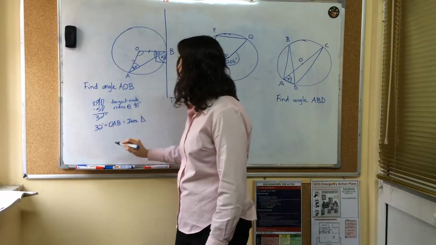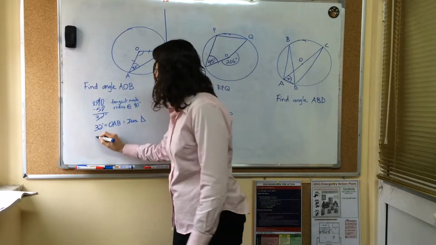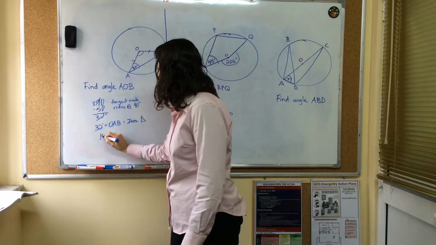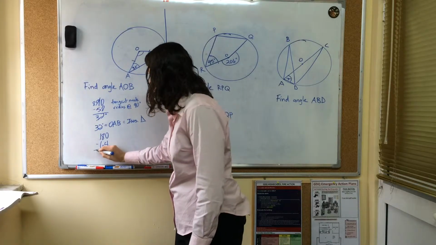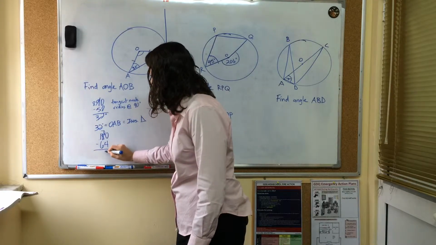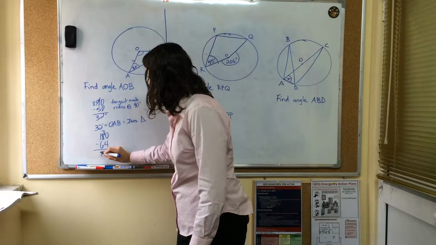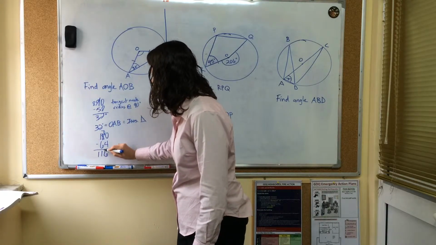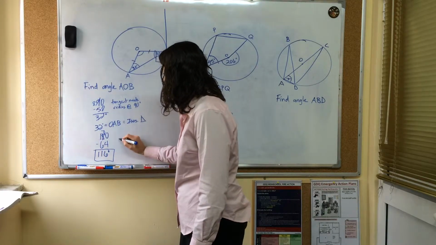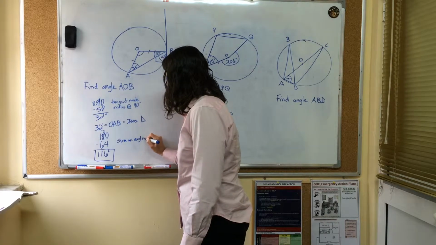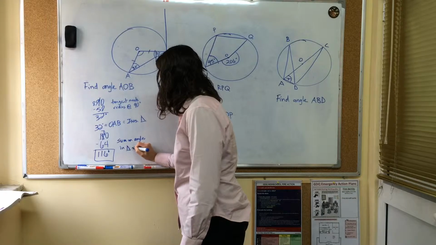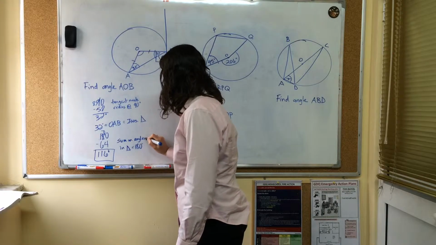So then we know that a triangle has to have 180 degrees, so we can do 180 minus 64, the two 32's combined, and we end up with 116 degrees, and that's because sum of angles in triangle equals 180 degrees.